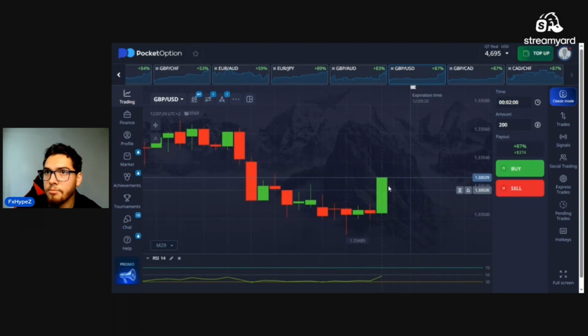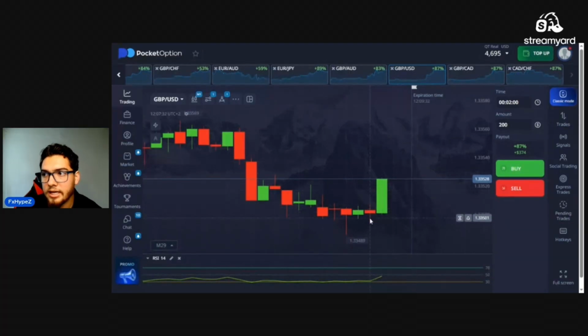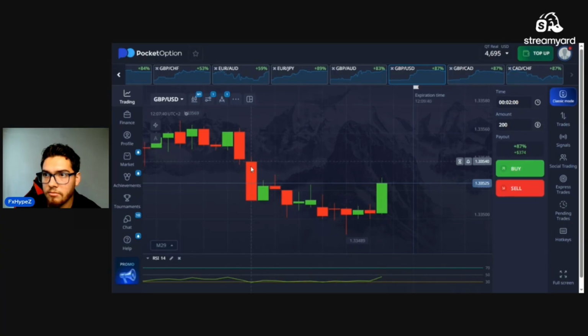And we're getting a nice bullish engulfing candle here. So on this candle closure, following that bullish divergence, we will be engulfing the previous candle. I'll go ahead and lock in a 2-minute buy position. We have a beautiful fair value gap here that will likely be filled on this pullback.